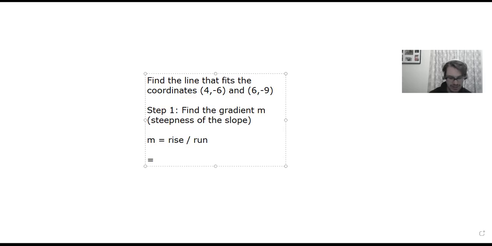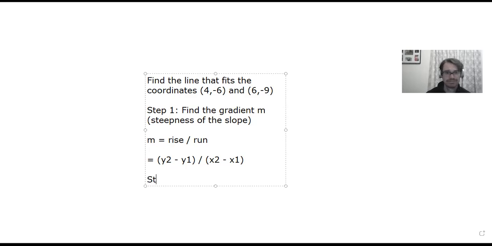Another way of putting it is you take the second y, subtract the first y. That's going to be over the run, which is the second x, and subtract the first x. I'll show you what I mean in a moment.